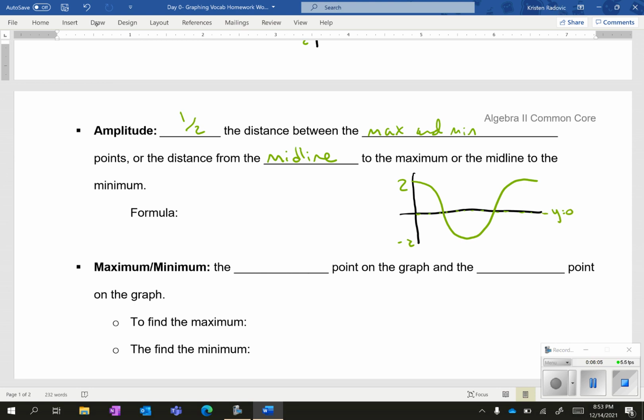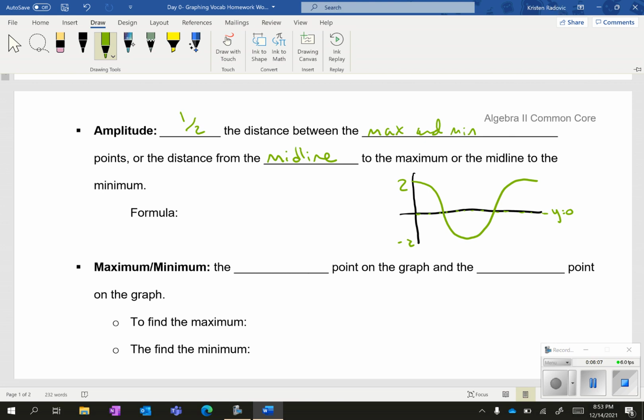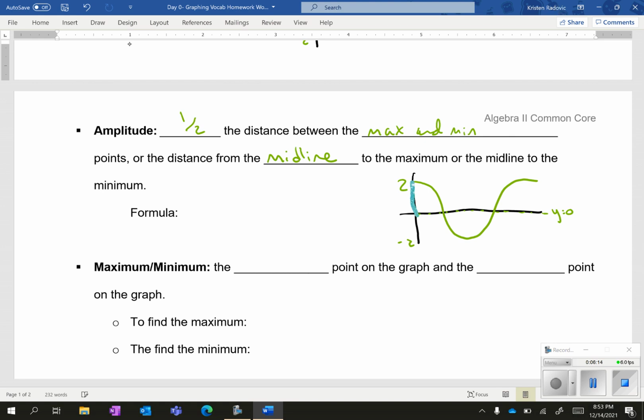That's the midline. Your amplitude is the distance from the midline to the top, from the midline to the bottom. Anywhere that you go from the midline to the top, all of these distances are 2. That is your amplitude. The formula for that is max minus min over 2.